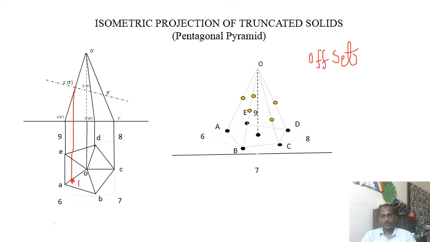As I just before mentioned, let us assume this as x direction and this one as y direction and this one as z direction. So now the point 1 is this much distance in the x direction from 6.